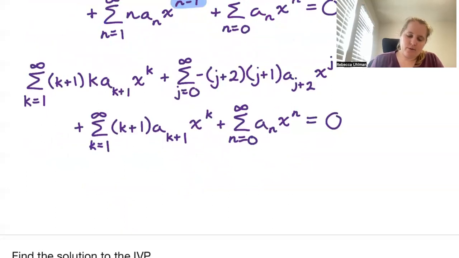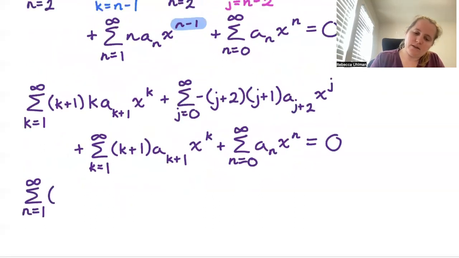From here, we can go ahead and reset all of these in terms of n instead of k and j. So we have from n equals 1 to infinity. Oh, I apologize. The third sum, we should have had from k equals 0, since shifting by 1 goes down to 0.